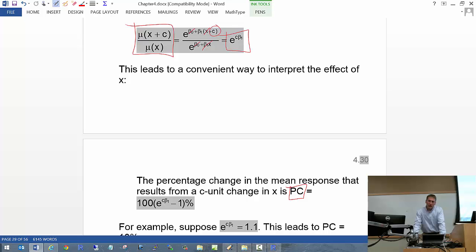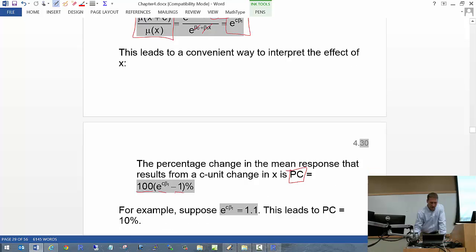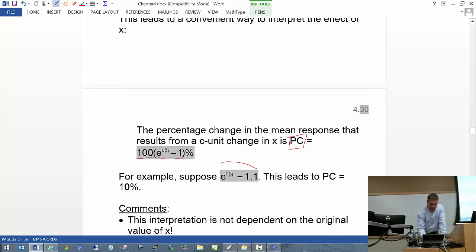Now I'm going to look at the percentage change in the mean subject to a c unit increase in x. That PC is going to be 100 times e to the c times beta 1 minus 1, and then put a little percent sign next to it. So for example, if e raised to the c times beta 1 was equal to 1.1, that means PC is equal to 10%.